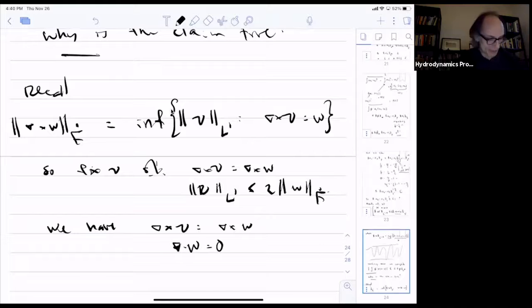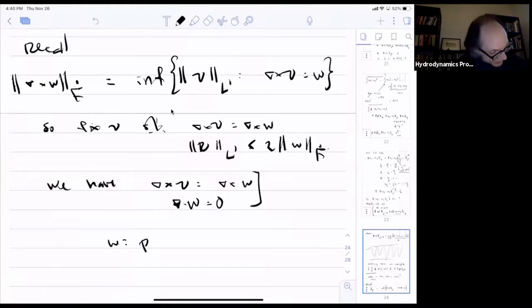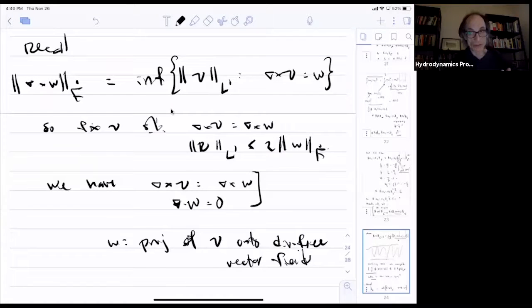And so the point is that W is the projection of nu onto the divergence free vector fields. If I project nu onto divergence free vector fields, then I'll get something with the same curl and whose divergence is 0, and that will be W. So then I'm not going to write this down, but then we recall harmonic analysis. If you've seen this before, you know what I'm going to say, and if you don't, it'll be too much.